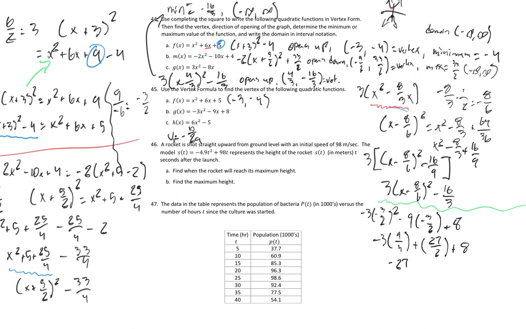Should be negative 27 over 4 plus 27 over 2, should be 54 over 4 plus 8, which is 8 times 4 is 32, so 32 over 4. So all this ends up being 59 over 4. So that's our y value, basically. We found the x value and the y value. Negative 3 over 2, 59 over 4. Nice. Okay.